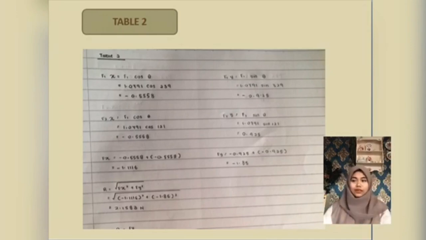So for the Fx, it is negative 0.5558 plus negative 0.5558, which equals negative 1.1116. And for the Fy, negative 0.925 plus negative 0.925 equals negative 1.85.